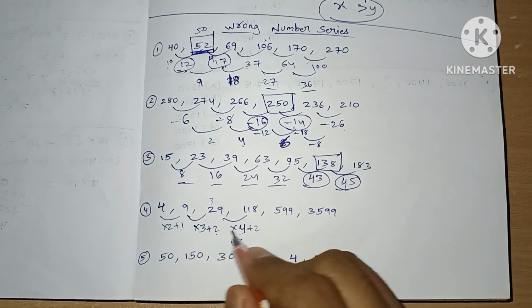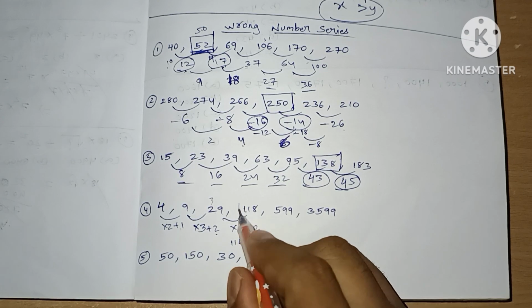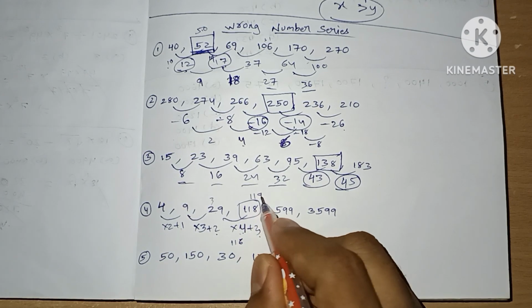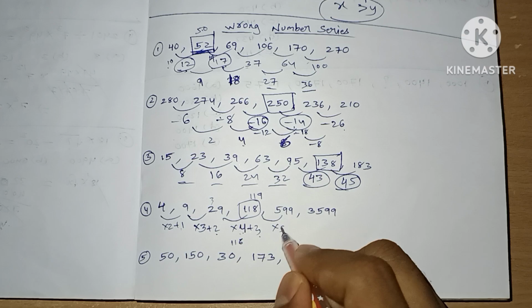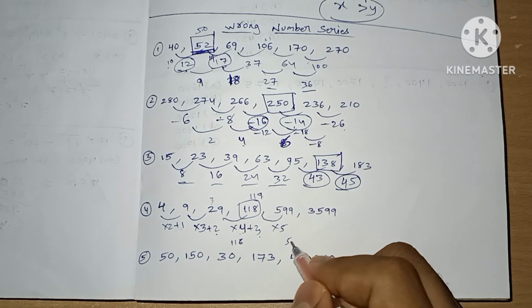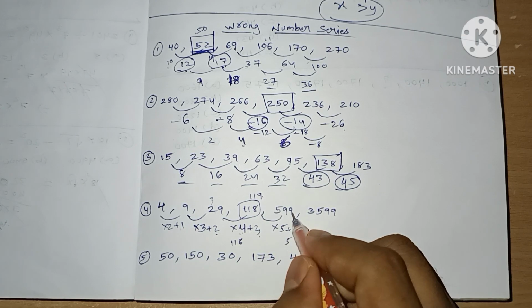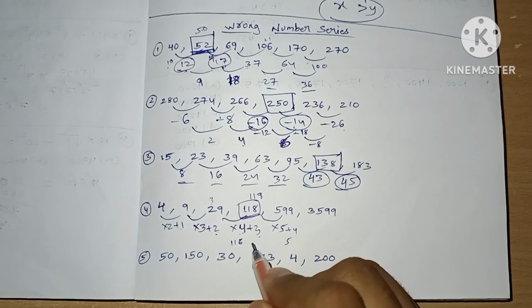Here 1, here 2, it must be 3. It must be 3, which means the answer must be 119. 119 into 5 times, 5 times 45, 5 at the unit digit and plus 4, we get 9 at the unit digit. So this is our wrong number.